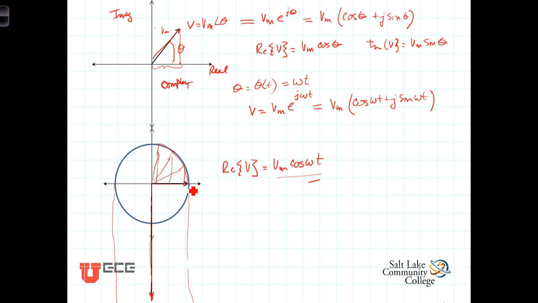So at t equals 0, theta equals 0, the cosine of 0 is 1, and we start here at a maximum. Now we allow theta to increase, and as we do so, the projection on the real axis decreases until we get to theta equaling pi halves, or 90 degrees, at which time the real projection equals 0.